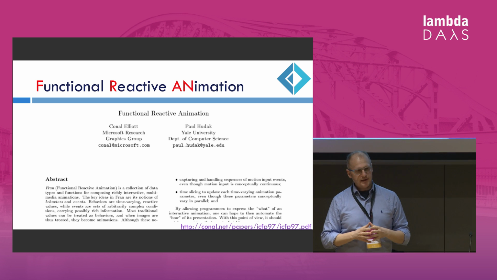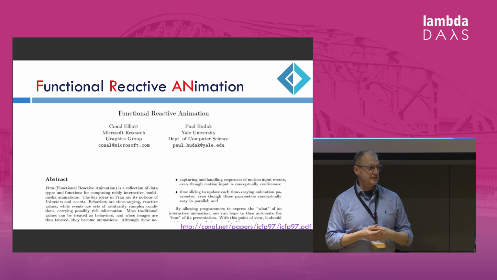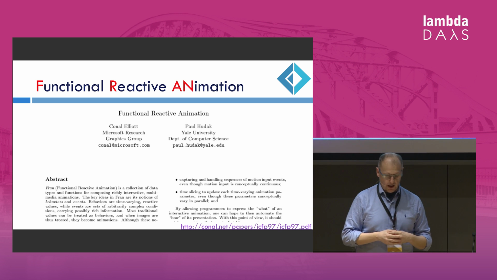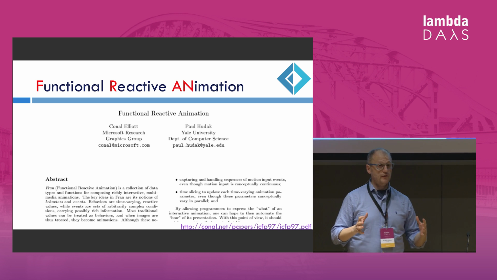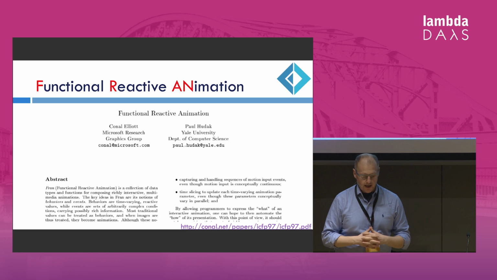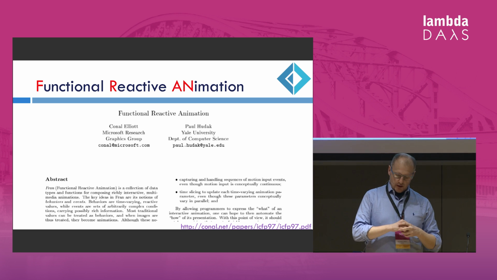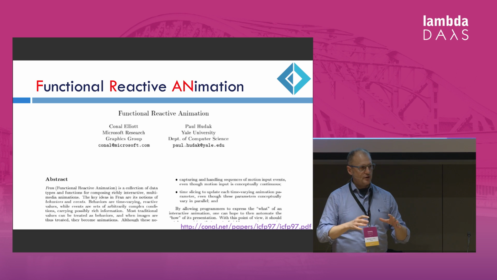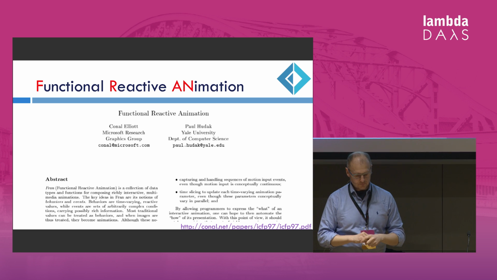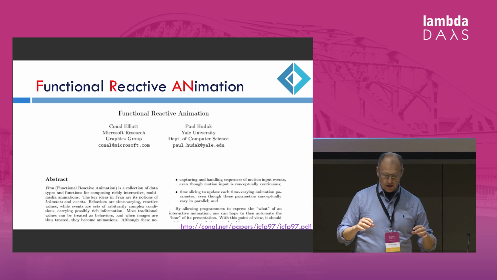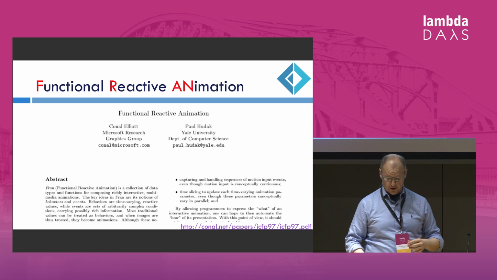And Fran is based on a notion of two polymorphic data types, behaviors and events, that we'll cover very well in the coming slides. And they cover values that change in continuous and discrete times. And these concepts are still used today in modern implementations.